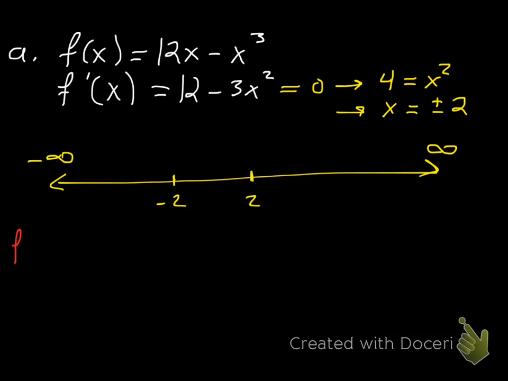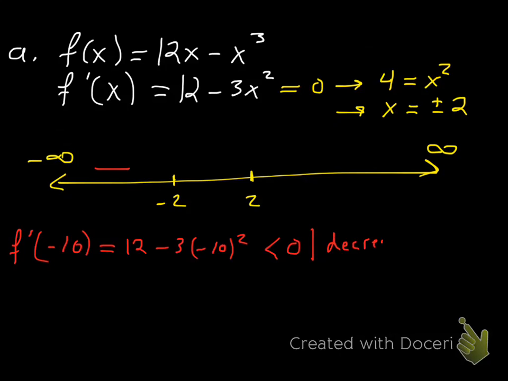Now we're going to test around them. Somewhere in negative infinity to negative 2, somewhere between negative 2 and 2, and somewhere between 2 and infinity. If we test the derivative at negative 10, it's going to give us something less than 0, so we're decreasing from negative infinity to negative 2.